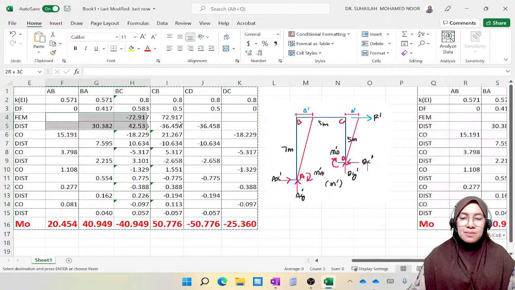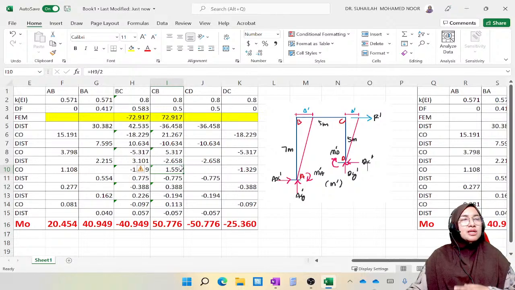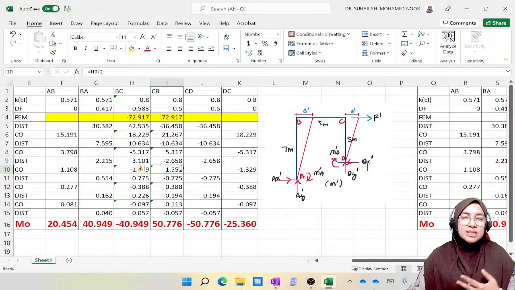The FEM in the first table comes from external loading, and the value is given in the question.